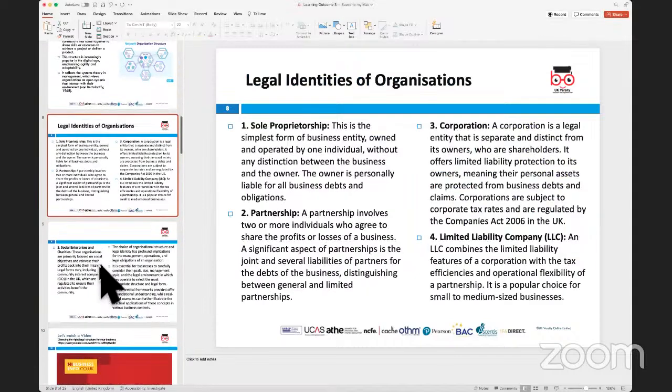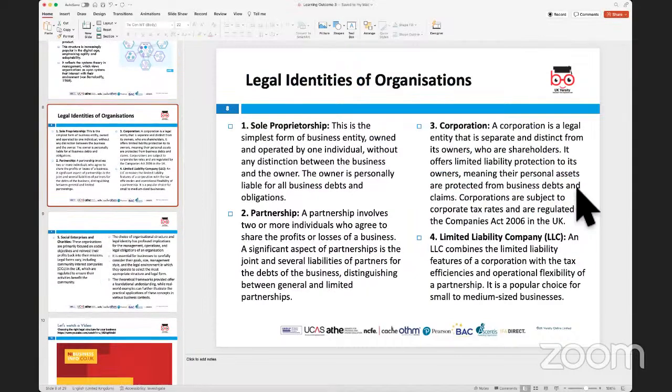Now let's go to legal entities. This is the second part that we want to cover in today's discussion as far as the learning outcome is concerned. So what are legal entities, and what are the various legal entity statuses of an organization?